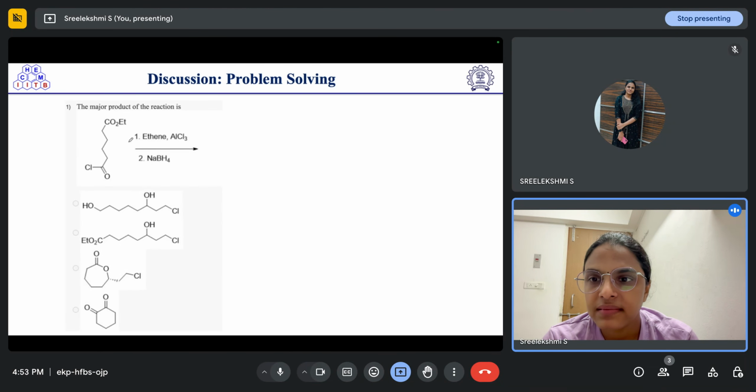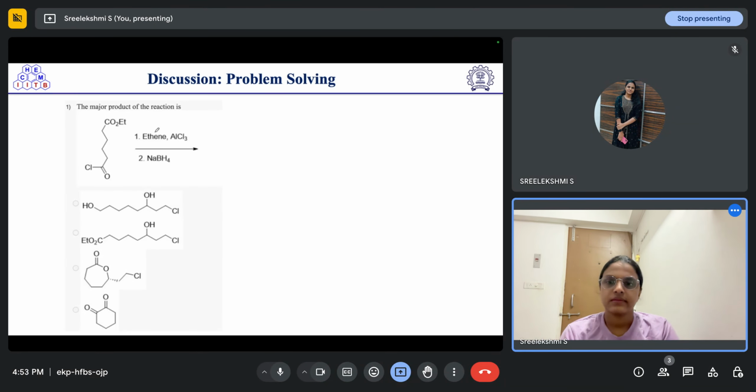Here one ester group is there, here an acid chloride is there, and we are using ethene and aluminum chloride in the first step, and in the second step NaBH4. So which will be the major product?